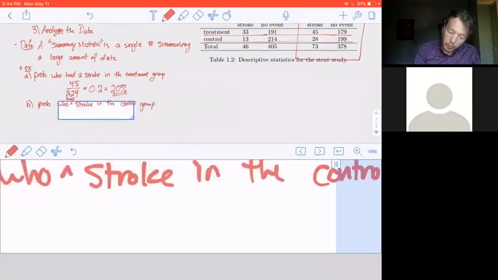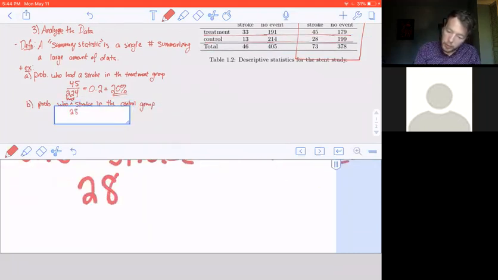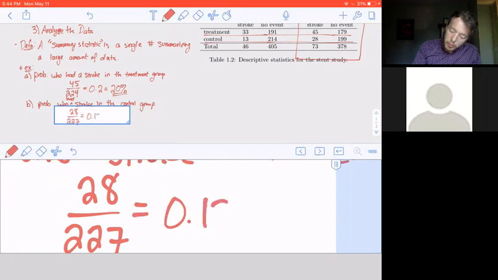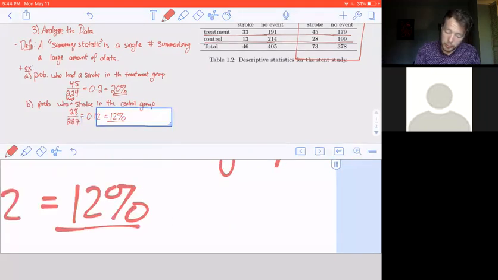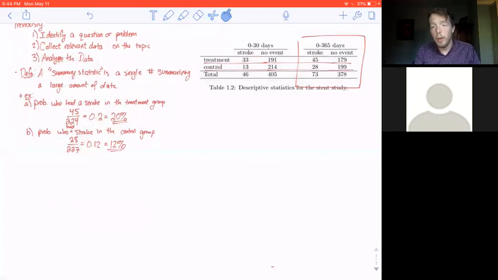And it would appear 28 people of a total of 227, which is 0.12 or 12%. So here again, we've boiled our data down to a single number. It would appear that of the people in the control group, only 12% of them who didn't get stents had a stroke after a year.